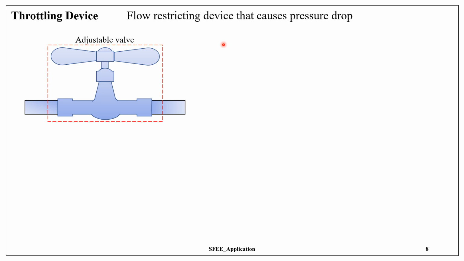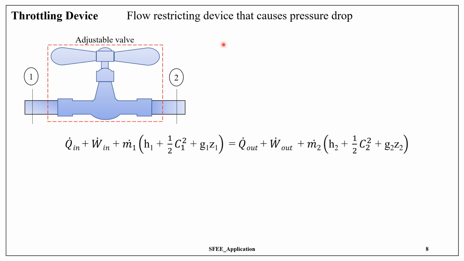Put a control surface or control volume around this valve and consider two sections 1 and 2 at the inlet and the outlet. Apply the steady flow energy equation. No kinetic energy and potential energy. Therefore, these two terms get cancelled. No work and heat transfer.